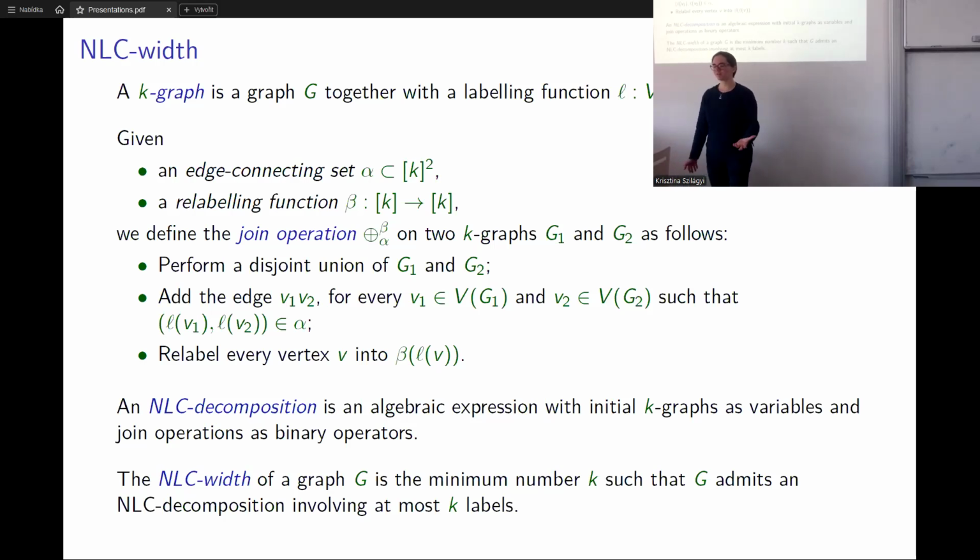So basically what it does is you take two graphs, you take the disjoint union of them, then you add all the edges that are described in this set of pairs alpha, and finally you relabel every vertex according to this relabeling function beta. And an NLC decomposition is just an expression that says how we construct a graph using this join operation, and the NLC width is just the minimum number of labels that we use.